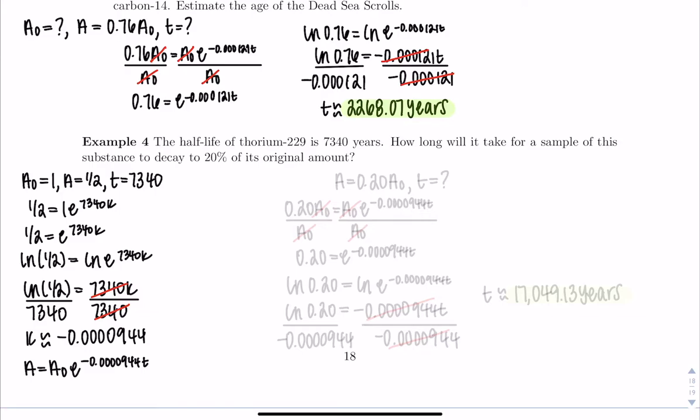We want to know how old something is when it's decayed to 20% of its original amount. That means that A is 0.2 of A naught. And we're looking for t. So 0.2 A naught equals A naught e to the negative 0.000944t.